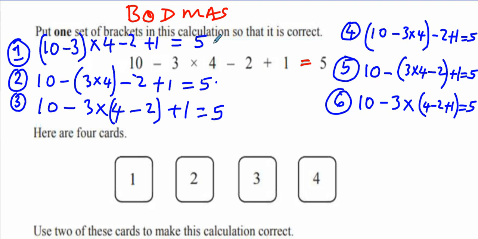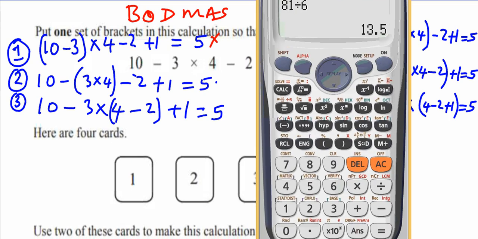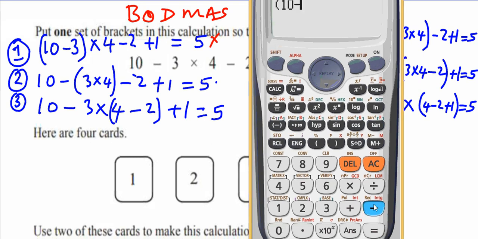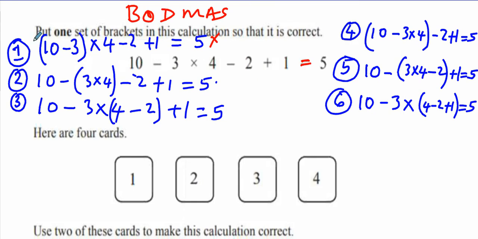Do we get equal to 5? The answer is no. Let us quickly use the calculator. Put brackets over there. You have 10 minus 3, close brackets, times 4 minus 2 plus 1. See that? Check if you get 5. No. This is a wrong possibility.